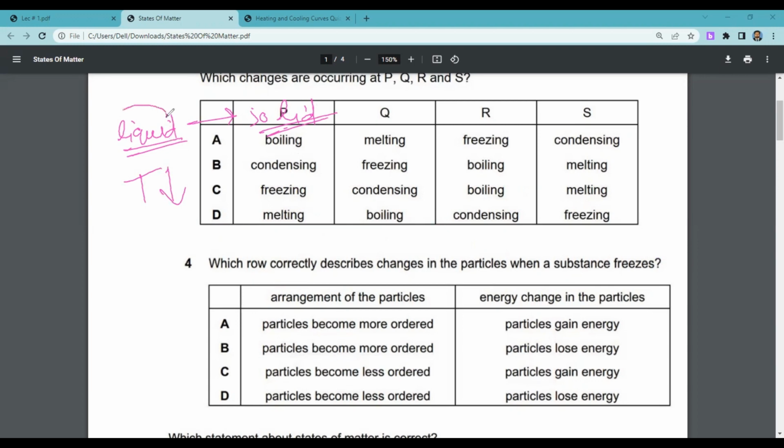When temperature is decreasing, it means that particles are losing energy. Therefore, their motion slows, their kinetic energy decreases, and they convert into a solid state, a more ordered structure. The particles will lose energy. So the correct option will be the second.